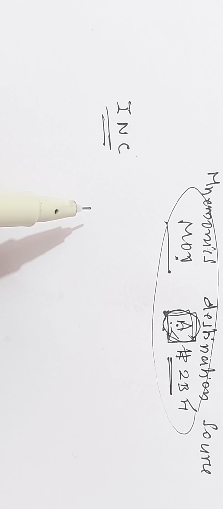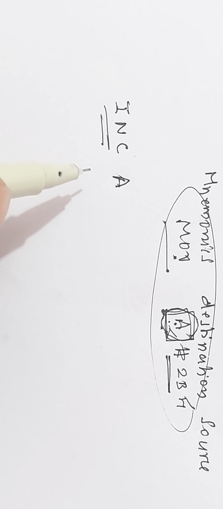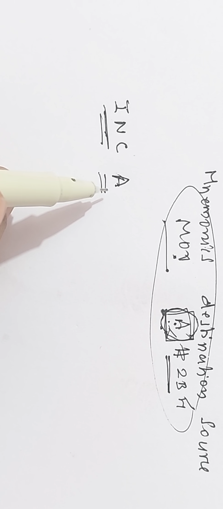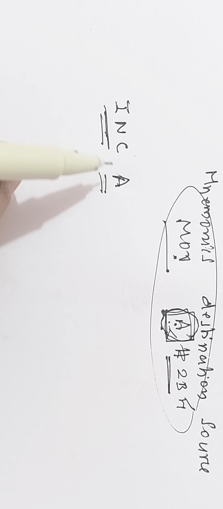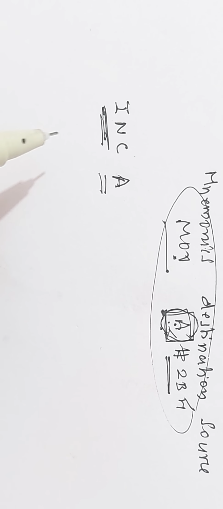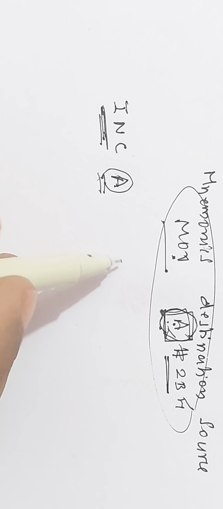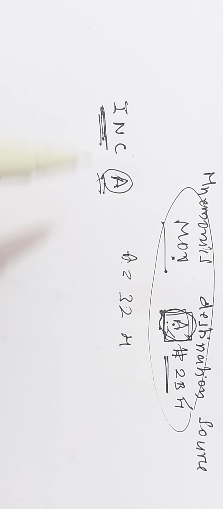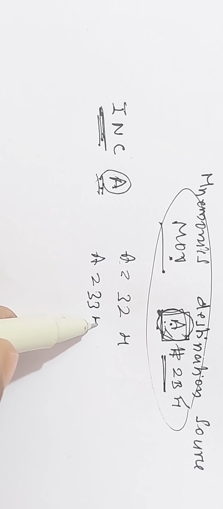But we know that the destination should be A. Therefore, you can write INC A. This means whatever content is present in A is incremented by 1. The increment instruction adds 1 to the data present in A. Example, if A is equal to 32H, INC A means A will become 33H.